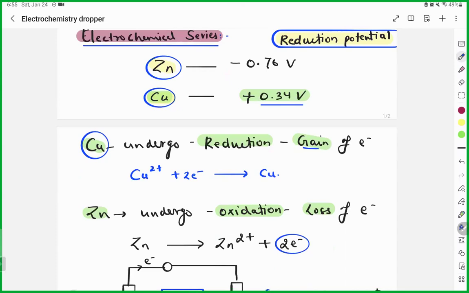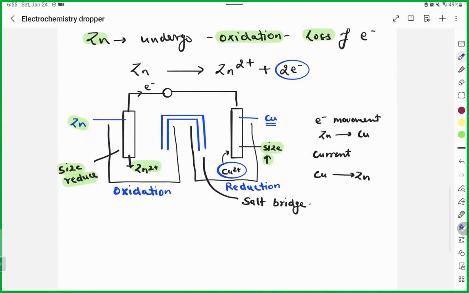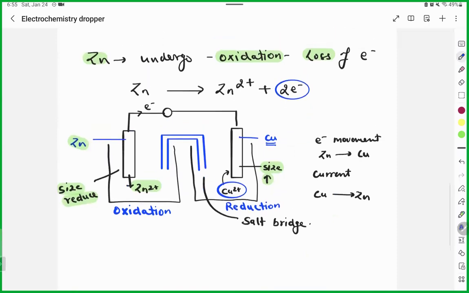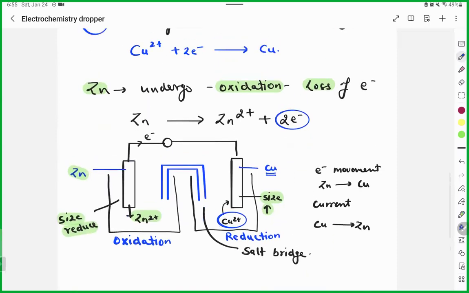The reduction potentials of two elements will be given, and based on that you identify which element undergoes oxidation or reduction. Zinc loses electrons, so electrons move from zinc to copper because copper gains electrons. So the direction of electron movement is from zinc to copper, and current direction is always opposite, that's why copper to zinc.